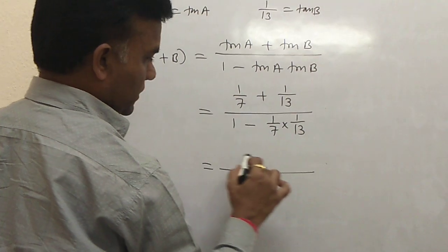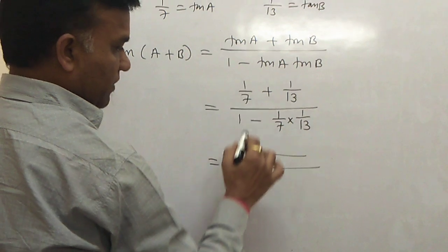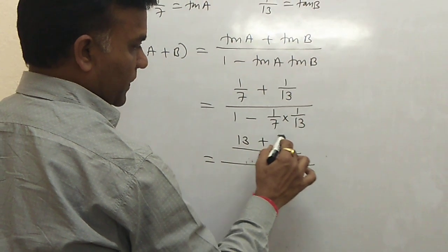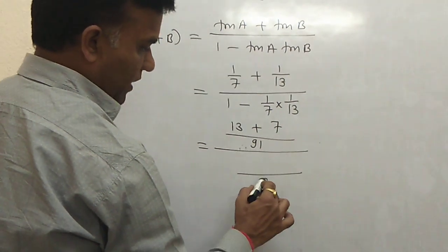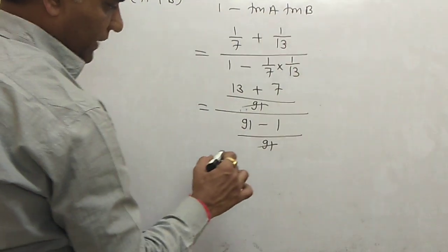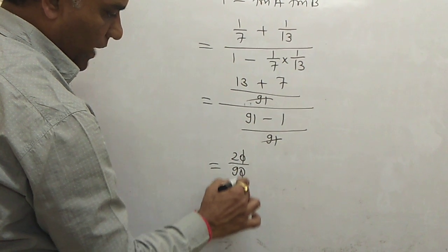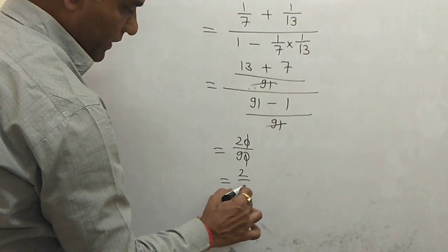Okay, and then you take the LCM of 7 and 13. LCM is 91. So 13 ones are 13, and now here plus 7. Similarly, write down here 91. So 91 minus 1, 91 cancel out. 20 by 90, so 2 cancel out. You have 2 by 9 only.